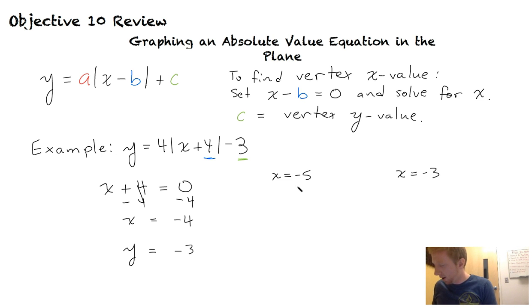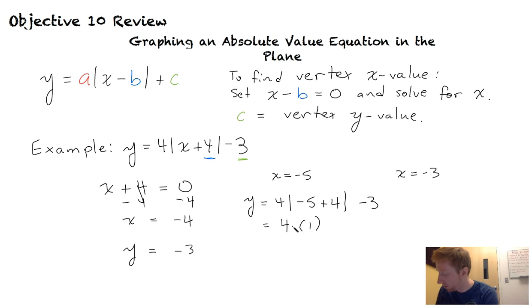For x equals -5, we'll have y equals 4 times the absolute value of -5 plus 4, minus 3. So -5 plus 4 is equal to -1, and the absolute value of -1 is +1. So this is equal to 4 times 1 and then minus 3. 4 times 1 equals 4, so 4 minus 3 equals 1.